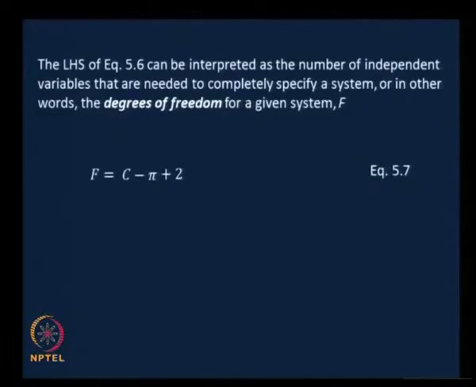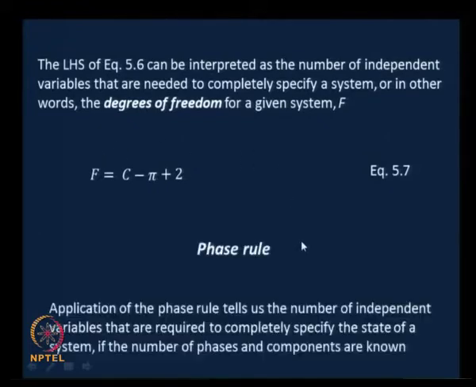Therefore, if we supply these f number of variables, then the system is uniquely defined. Therefore, the application of the phase rule tells us the number of independent variables that are required to completely specify the state of the system if the number of phases and components are known.